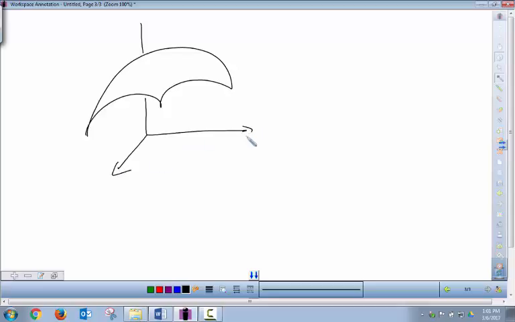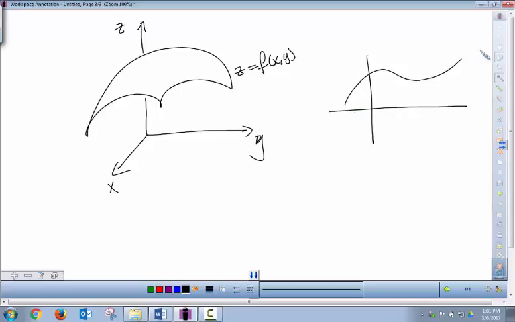I want to introduce you to my generic function. Z is equal to f of x y. Calculus teachers, when they want to write a generic function, they draw a generic function y is equal to f of x. They just do a wavy function.